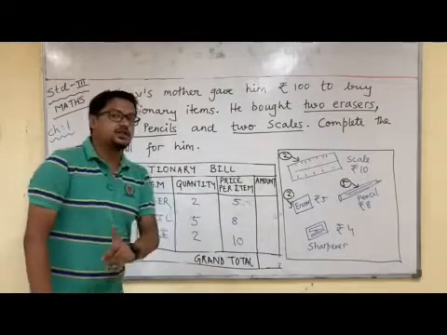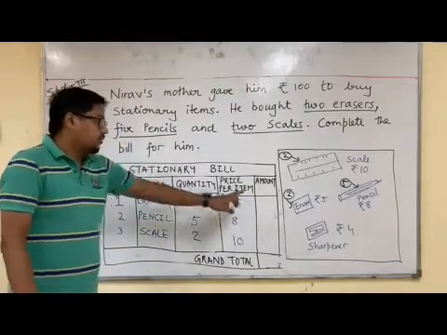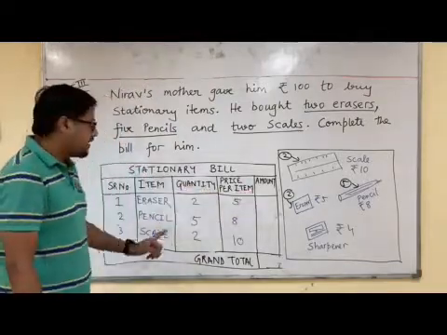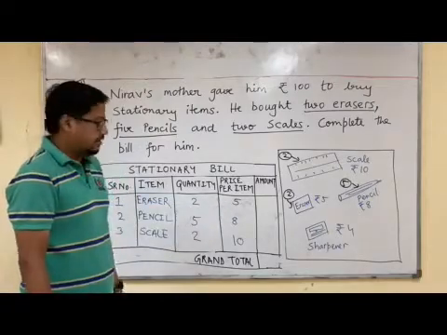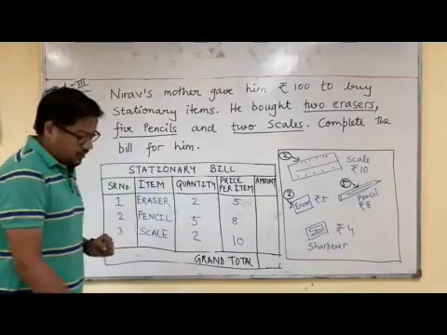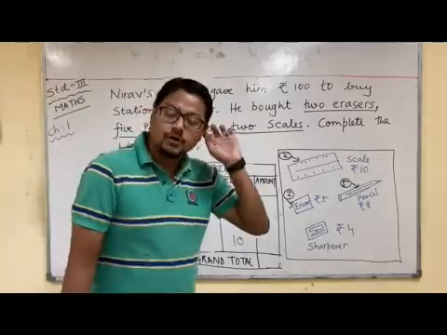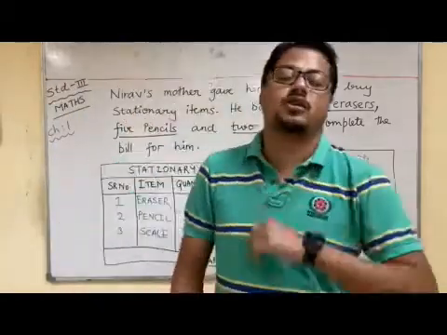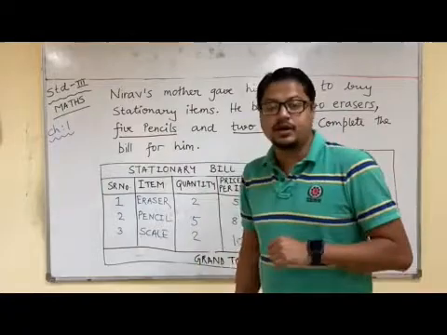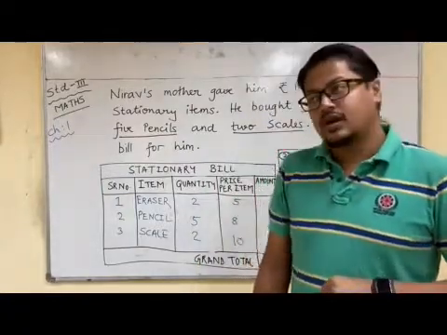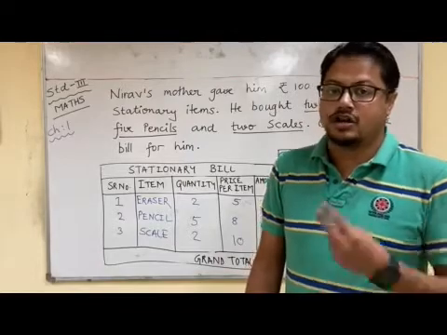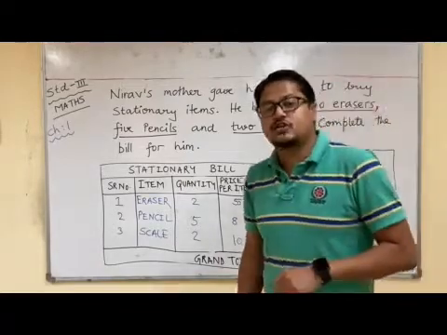Remember and listen to sir very carefully. For amount, we have to multiply quantity and price. Because it is simple. If one chocolate costs 1 rupee, what is the price of 5 chocolates? You will say 5, sir. If one chocolate costs 2 rupees, what is the cost of 5 chocolates?